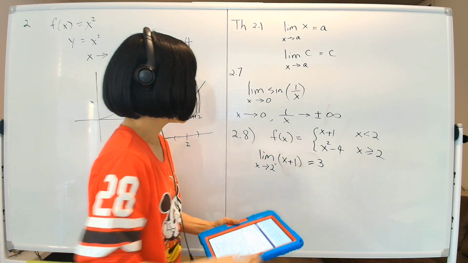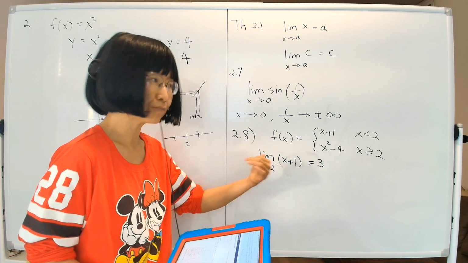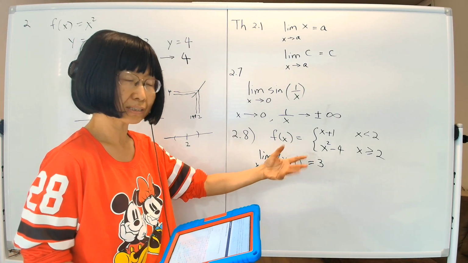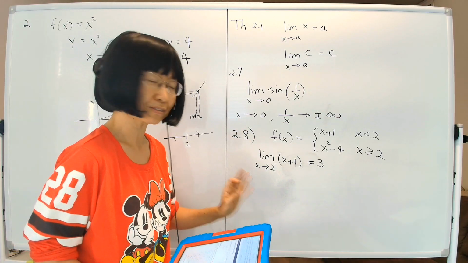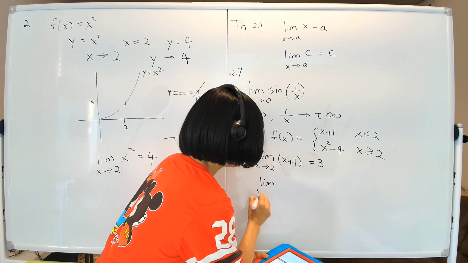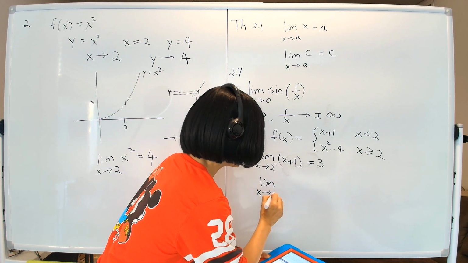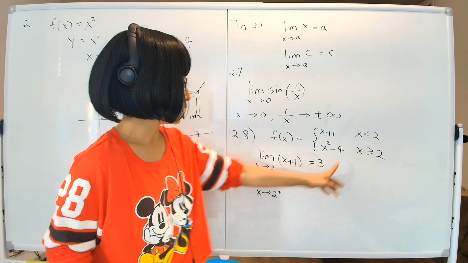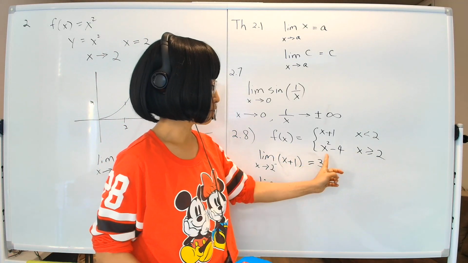And then what happens when you approach from the positive side, which means not that 2 is positive, but that x is slightly bigger than 2? If x approaches from the 2 plus side, that is slightly more than 2, for anything that's 2 or bigger, you have to follow this rule.